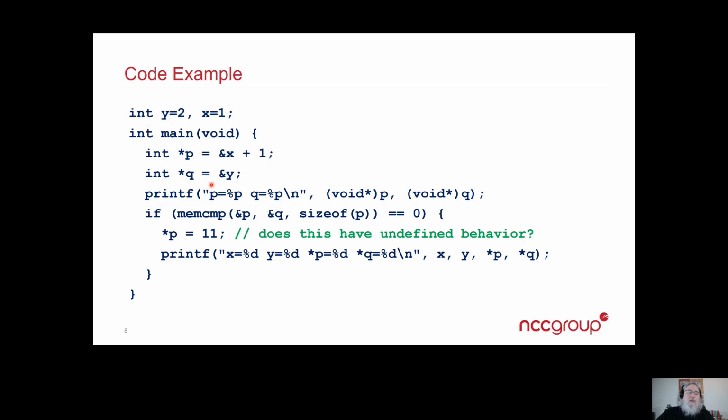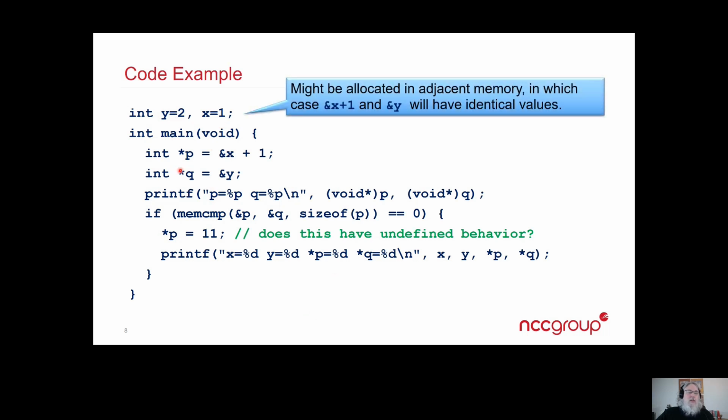Here we've got a very small function which declares two variables, y and x. We then create two pointers, p and q, and x and y might be allocated adjacent memory.